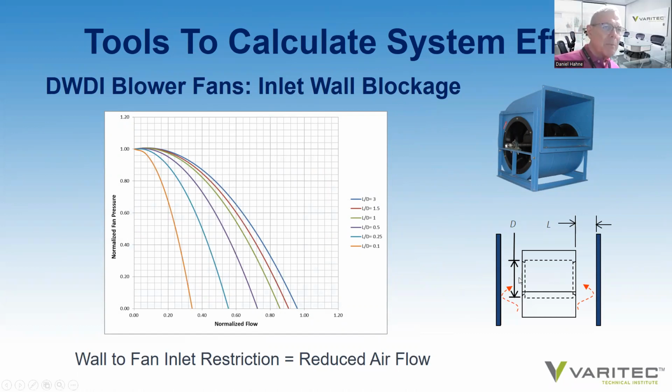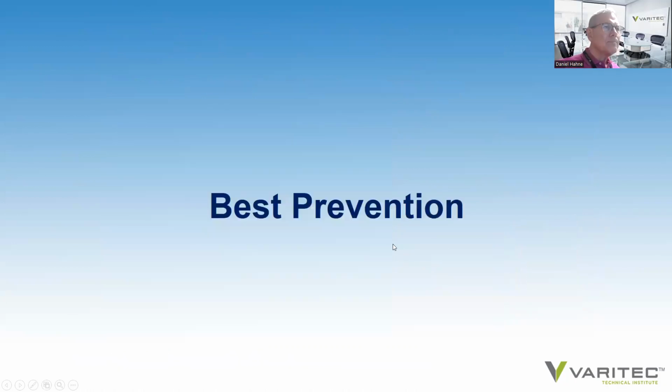There has to be a minimum free area between the inlet of the fan and whatever wall of the room that fan is being installed in. You don't want to restrict the free area available to the inlet of the fan, or it will reduce the amount of air available at the inlet for it to be moved by that fan.